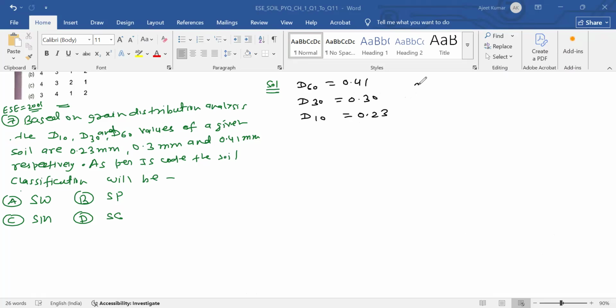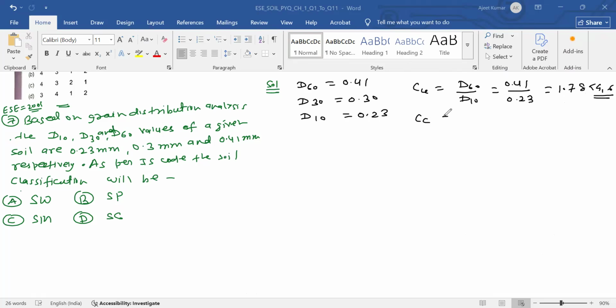From here, Cu is D60 by D10. So D60 is 0.41 by D10 is 0.23, and this value is 1.78, which is less than 4 as well as 6. So this is the condition for poorly graded gravel or sand, but this is definitely poorly graded.